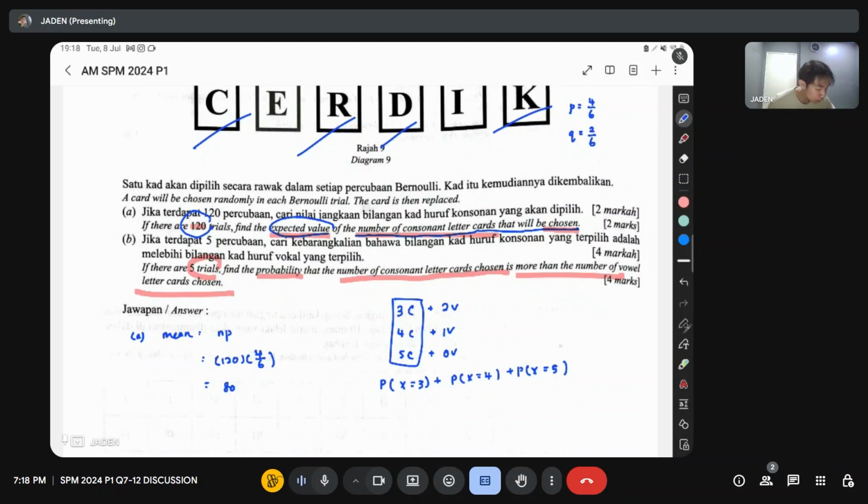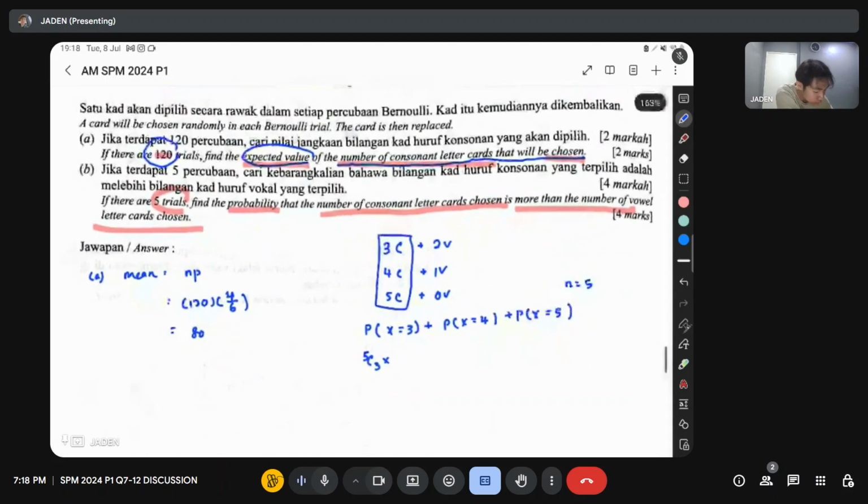Of course my n is equal to 5 because I only have 5 trials. So x equal to 3, x equal to 4, x equal to 5. Make sure your p is 4 over 6. So this is going to be 5C3, oh my god, the equation is quite long, 5C3 times 4 over 6 power 3 times 2 over 6 power 5 minus 3.